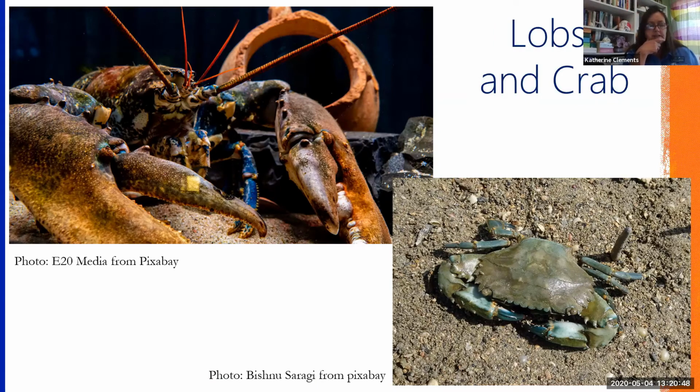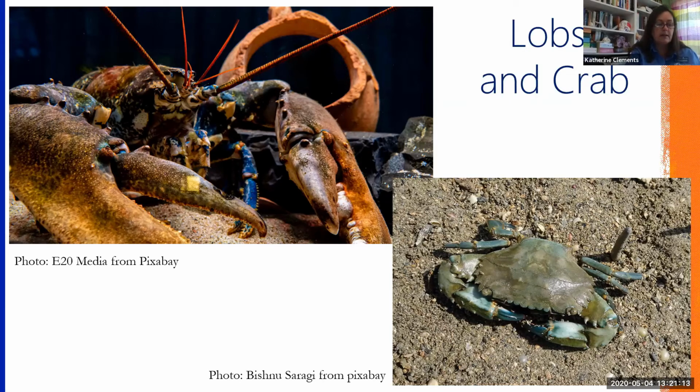When I look at them, I see that they have jointed legs. And the lobster has a segmented body. It's hard to see the crab having a segmented body, but if you could look at the underside of the crab shell, you would see that crabs have segmented bodies also.